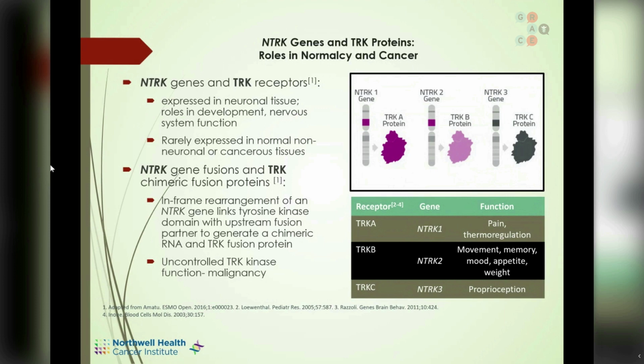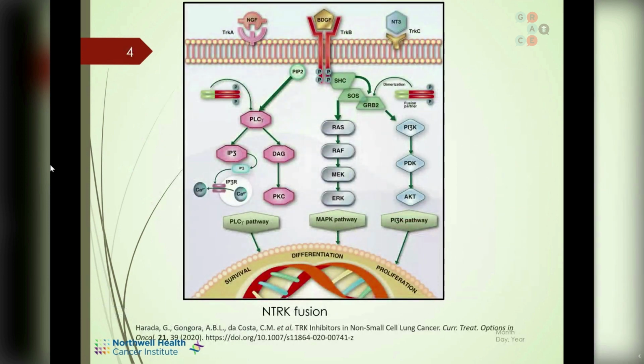However, sometimes these genes can either flip over, jump over to another gene, and cause what we call chimeric fusion proteins, where a part of the NTRK gene links with another gene and creates a fusion protein, a fusion gene that can lead to hyperactivation of the system, and I'll show that in the next slide.